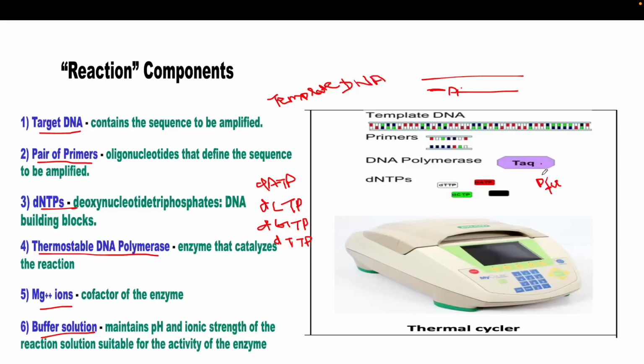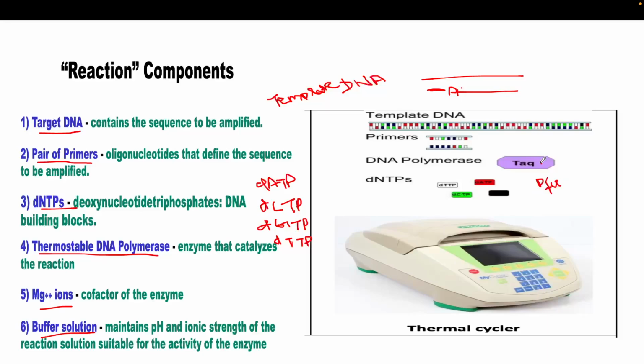But the difference between these two enzymes is that Taq polymerase does not have proofreading activity, whereas Pfu has proofreading activity. So when you want to do any sensitive kind of experiment like a mutational study, then you always go for Pfu.